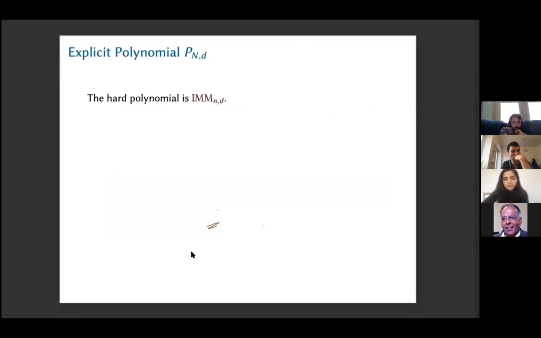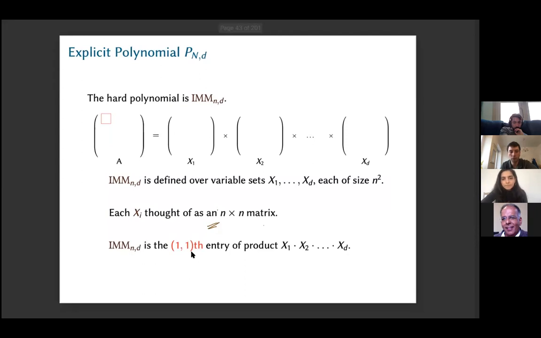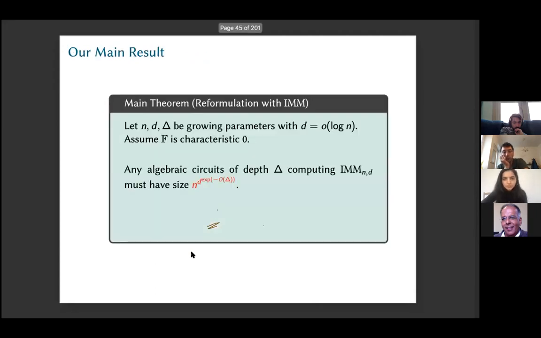First, let me tell you what that hard polynomial is, the explicit polynomial. It is our friend the iterated matrix multiplication polynomial, which we already know. This is how we defined it, and it is this polynomial with respect to which we are able to prove our lower bound. So what are we able to say? We are able to say that any algebraic circuit of depth delta computing IMM must have this size. Recall that from our upper bound, any IMM has a depth delta circuit of size n to the d to the 1 by delta.